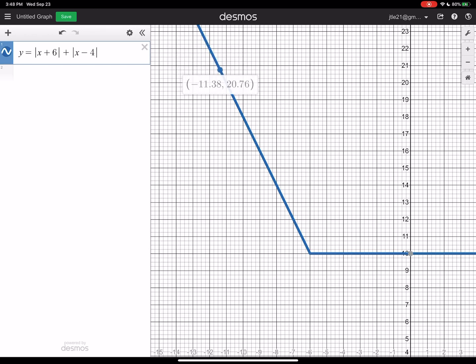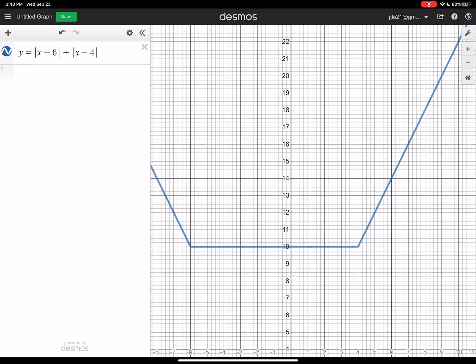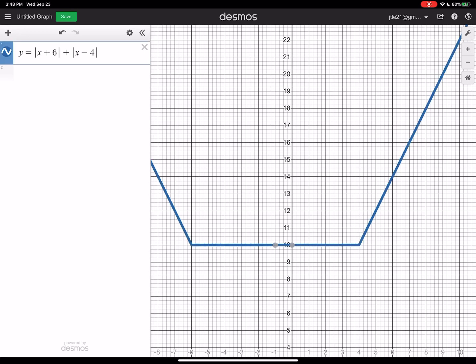Okay, is the graph going up, down, or sideways? Okay, so notice the graph is decreasing because the graph is going downwards. It's decreasing up until a certain corner, a certain point. And then right after that point, the graph goes constant because it's just going sideways. It's not going up or down. It's going constant. And then eventually it stops being constant. And at some point it starts to go up, or in other words, it starts to increase.